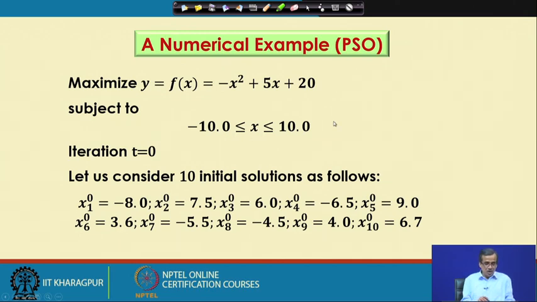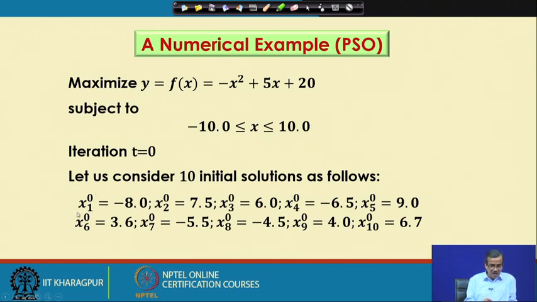What do we do? We start with iteration, we set iteration t equals to 0. Let us consider that there are only 10 initial solutions for simplicity. That means the swarm size is 10, and lying within the range of the design variables, let us generate some numbers.